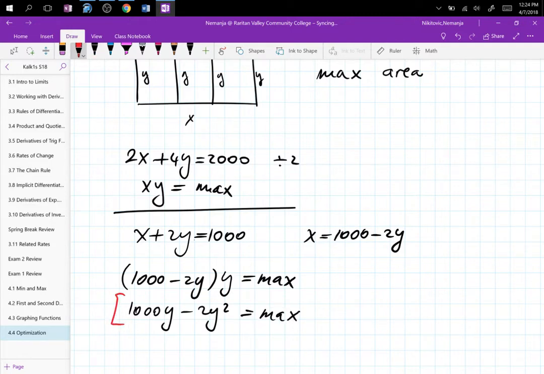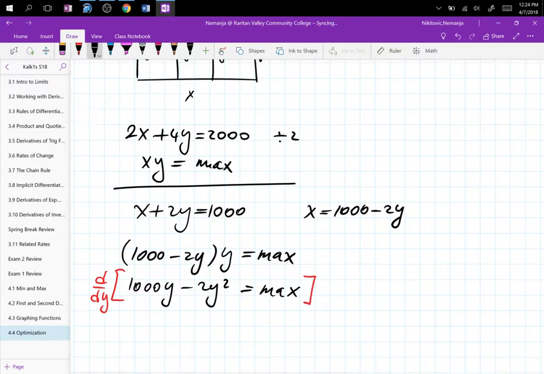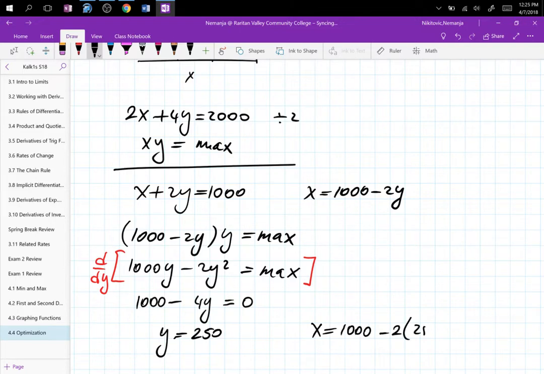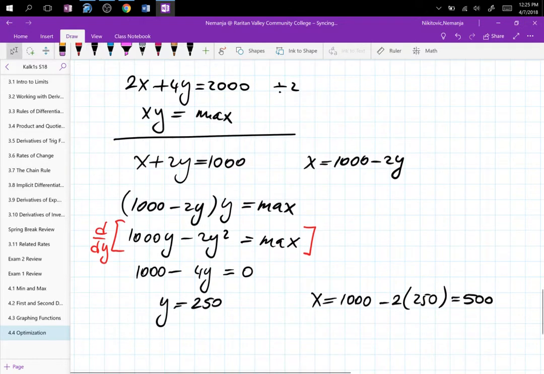Hit this with the derivative now, d/dy. 1000 minus 4y equals 0. Y is 250. X equals 1000 minus 2 times 250, which is 500.